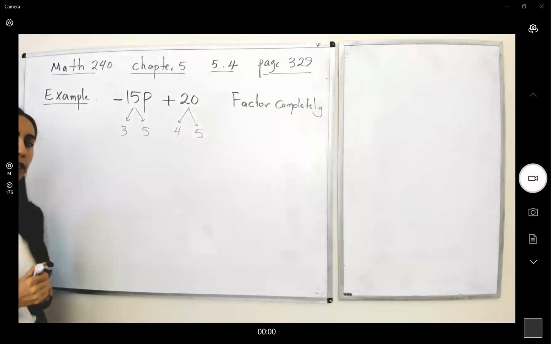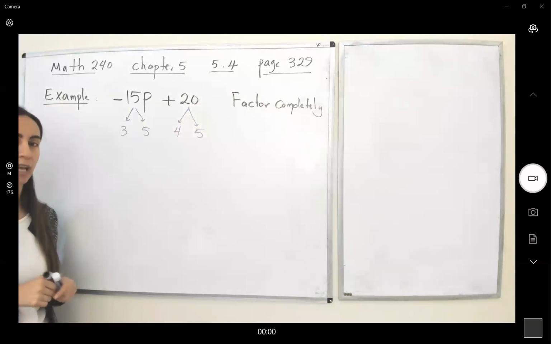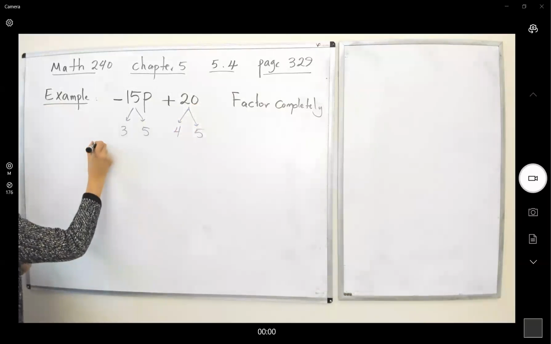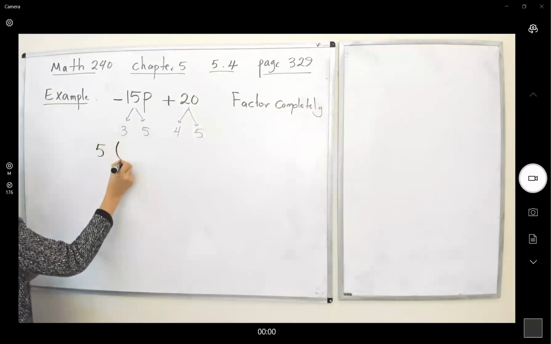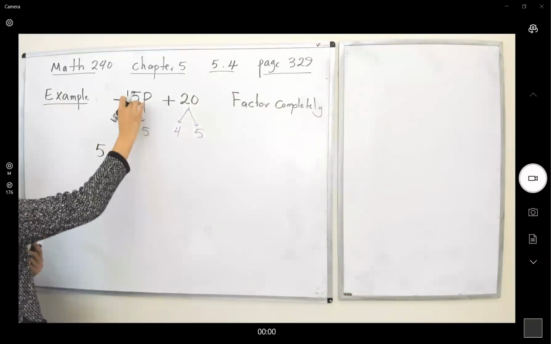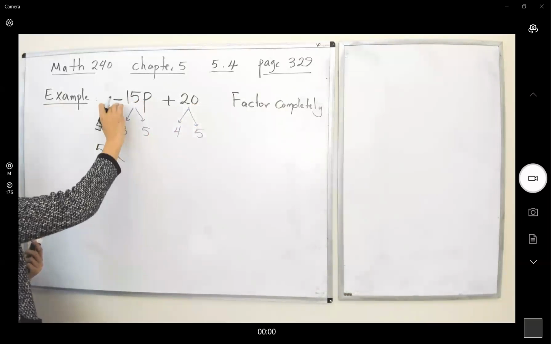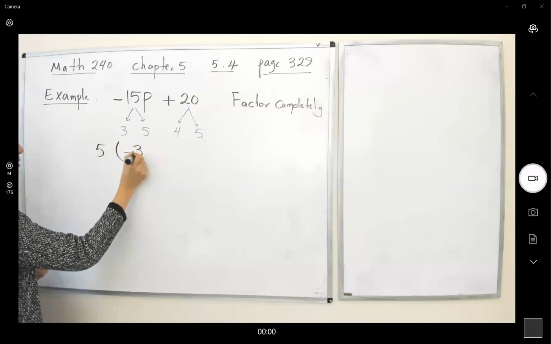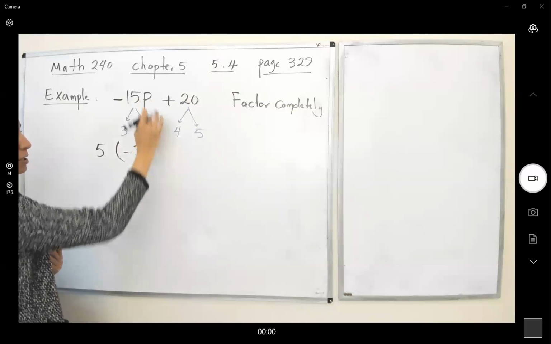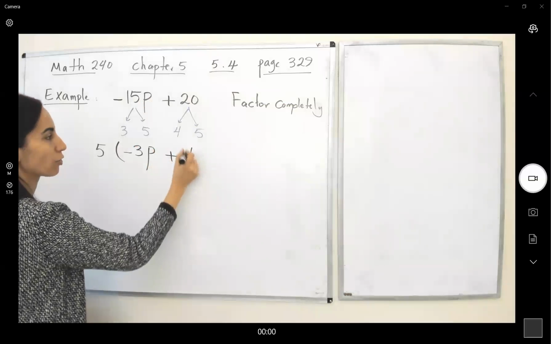You might say, hey, why not just factor out 5? If you factor out 5, inside the parentheses you're left with 15 divided by 5, which is 3. And don't forget you have a minus sign, negative 3. You copy down p plus 4.